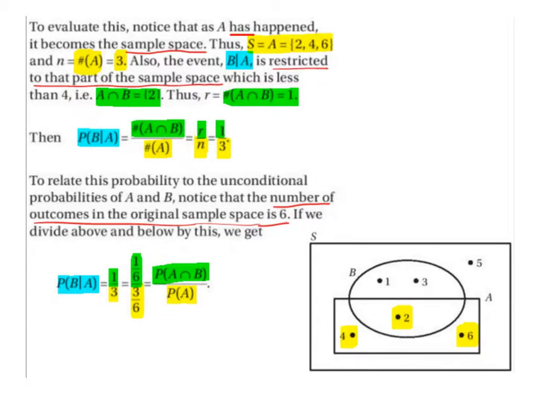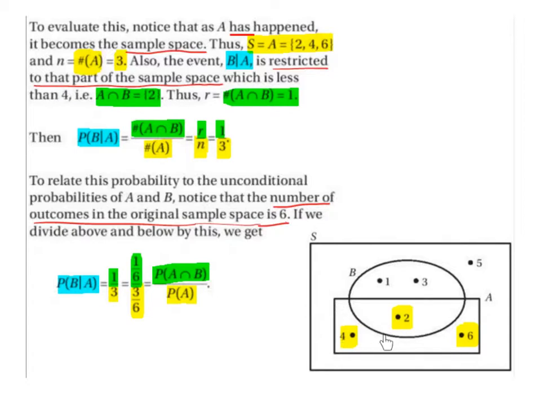We have the set A, which is now actually a rectangle instead of an oval. Set A was that an even number appeared, so set A contains 4, 2, and 6. They are all the even numbers. And set B contains all the numbers that are less than 4, so 1, 3, and 2.